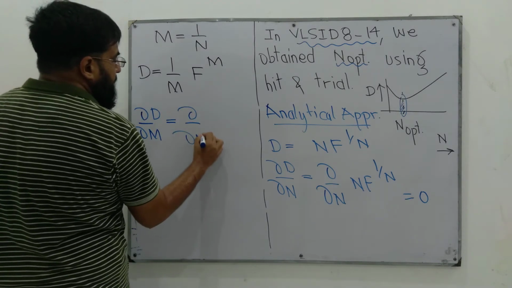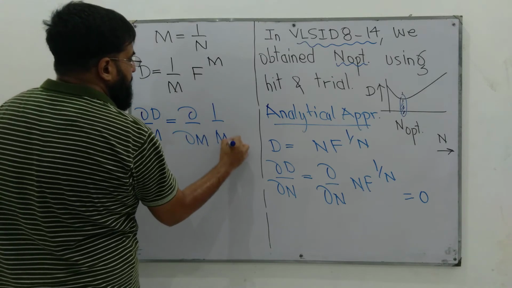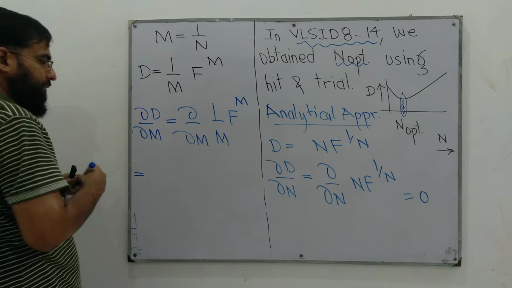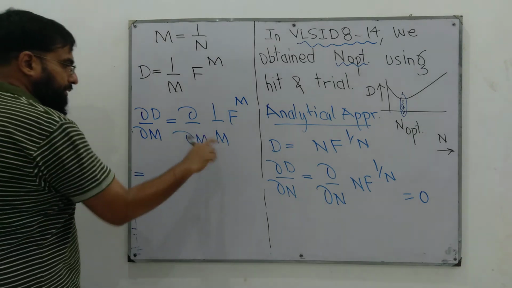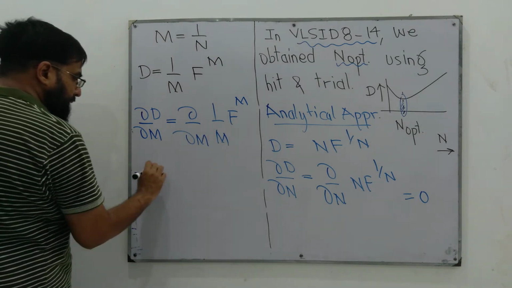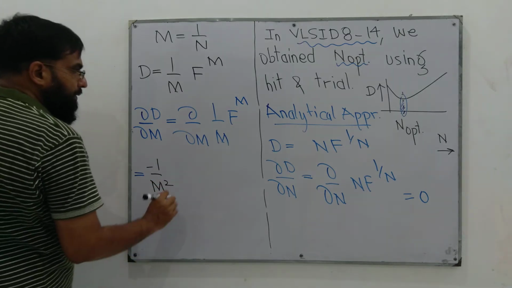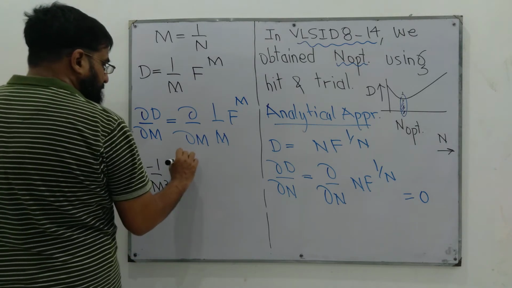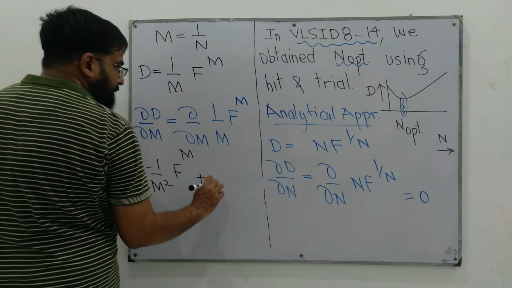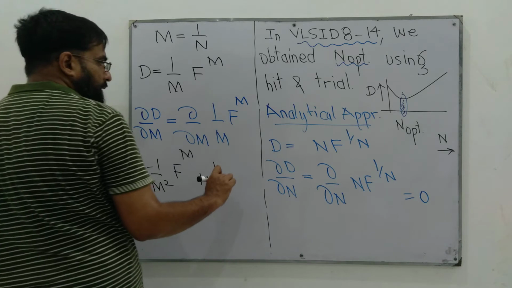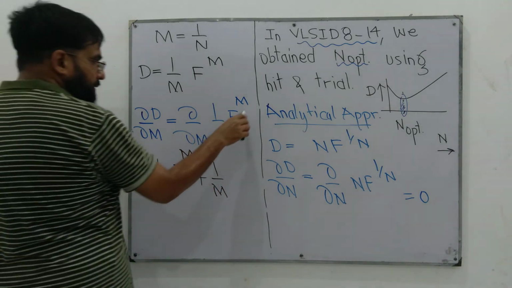Partial over partial m of 1 over m F to the m. We know from the product rule that we first differentiate the first variable, giving minus 1 over m squared, and the second is written as such, and then we write the first as such and differentiate the second one.